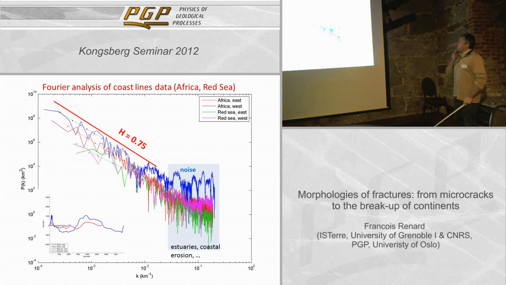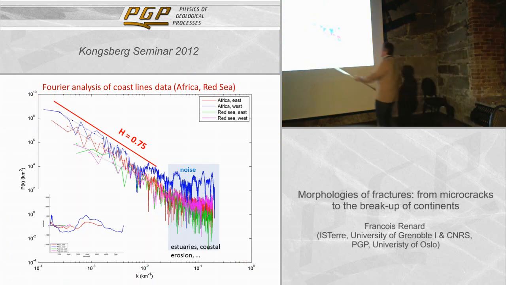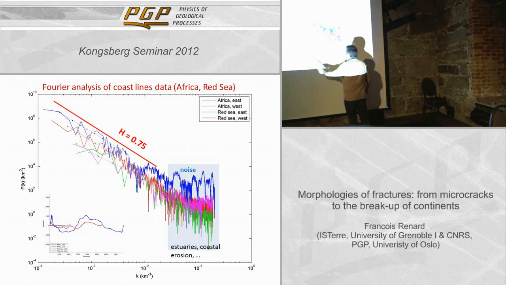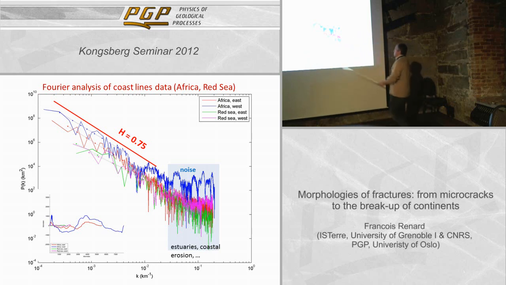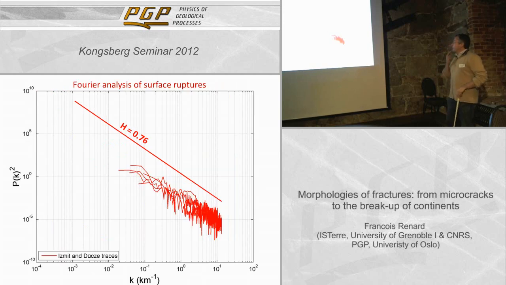And the result of that, doing the Fourier transform, so that's the data. That's the west side of Africa, the east side, that's the 2 Red Sea. So, below 50 kilometer length scale, we have some noise, some defect, but above 50 kilometers, again, an exponent which is quite well defined.